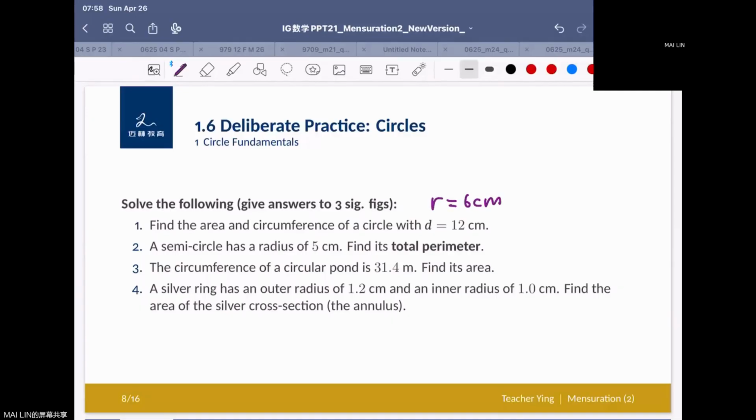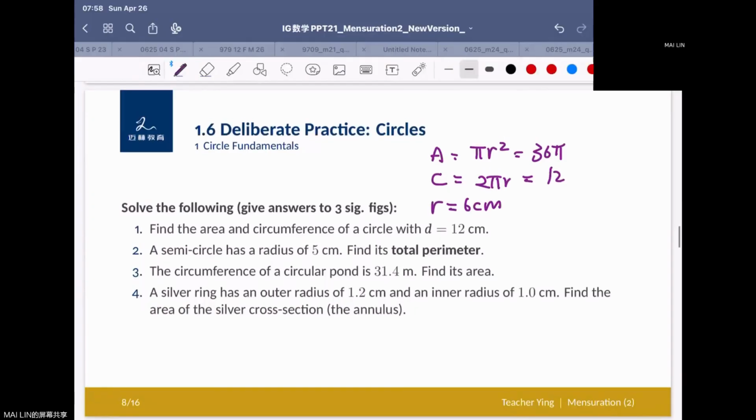So the area can be written as pi r squared equals 36 pi, okay? And circumference can be written as 2 pi r, right? That is 12 pi, right? That is for the first problem.